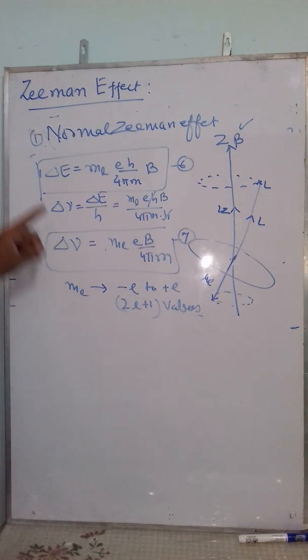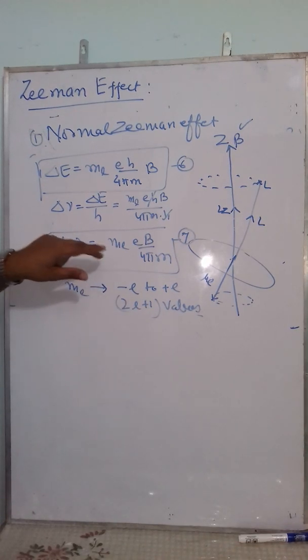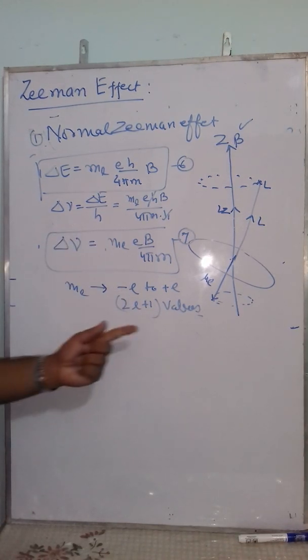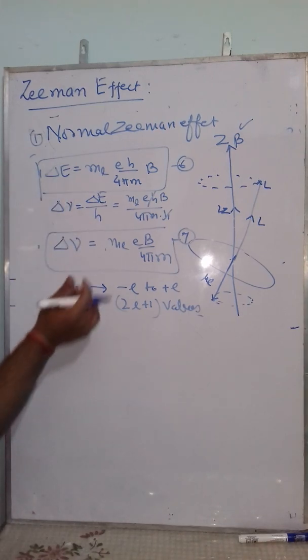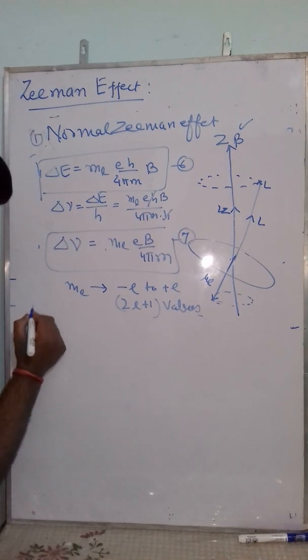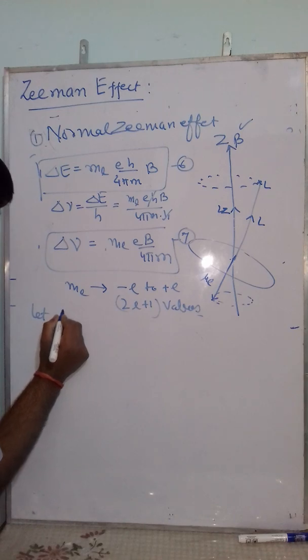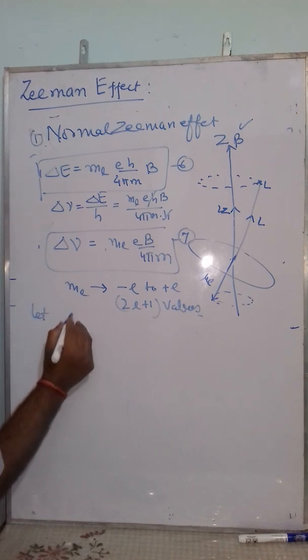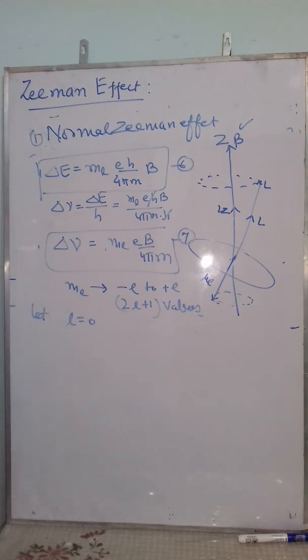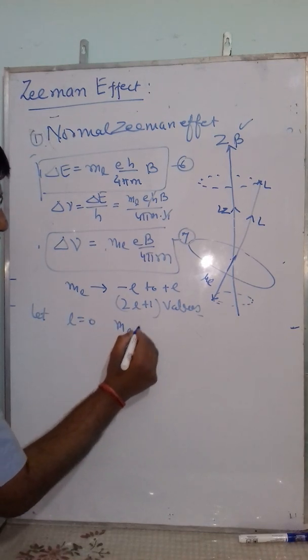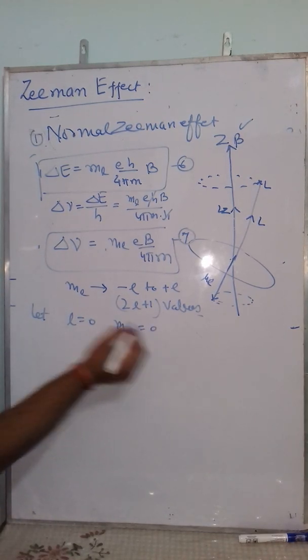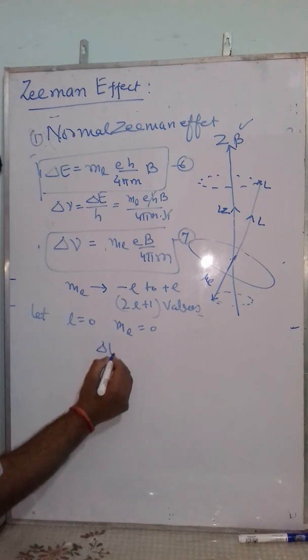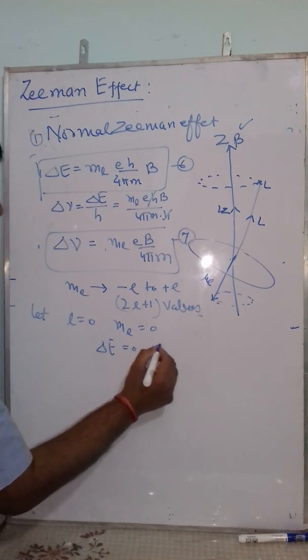So this delta nu and delta E both will have 2L plus 1 values depending on the value of m_l, right? For example, for the first case, let L equal 0. Then m_l will be 0. m_l will be 0 means delta E is equal to 0 and delta nu is equal to 0.